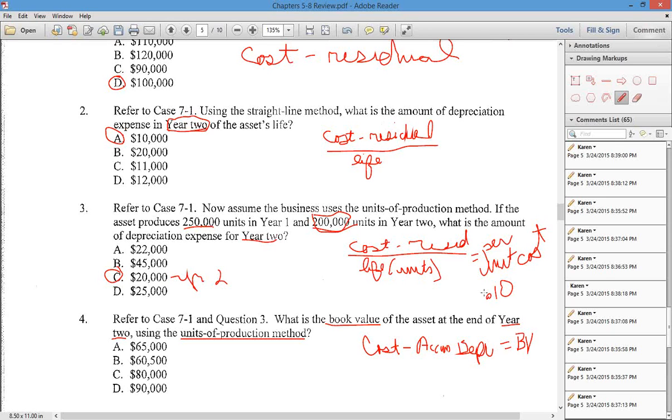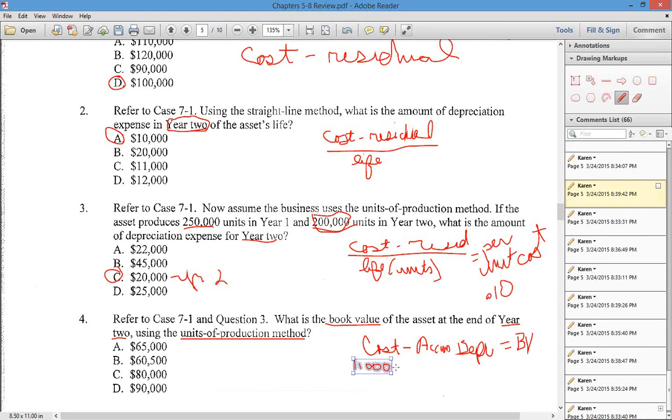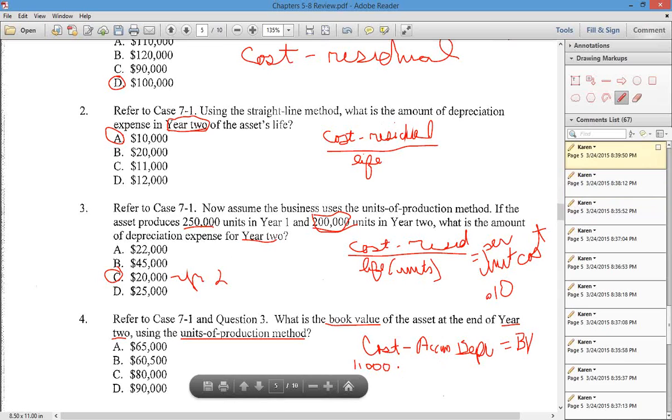So 250,000 times 10 cents is going to be 25,000. So our cost was 110,000.